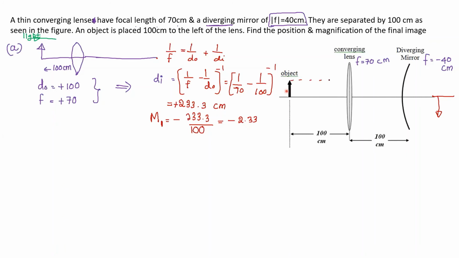So light goes from here, and if we didn't consider this mirror, what would have actually happened is it would really converge here, but right now it looks like it's converging here. Okay. So that is what happened. Still light is going this way, right?